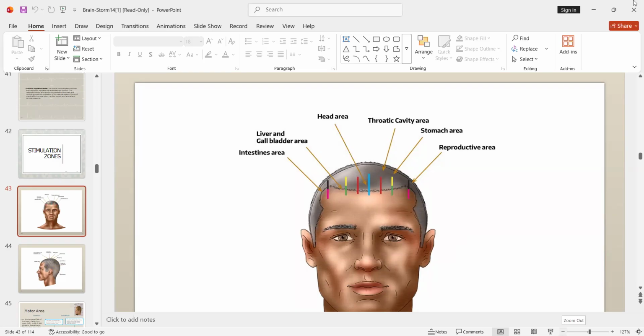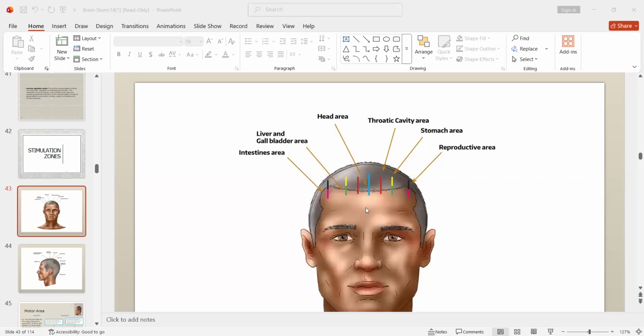We use this line for head and face area problems: head pain, migraines, epilepsy, seizures, insomnia, anxiety, depression. Then we use this head area point. It is 4 centimeters in length, 2 centimeters below the hairline and 2 centimeters up from the hairline.